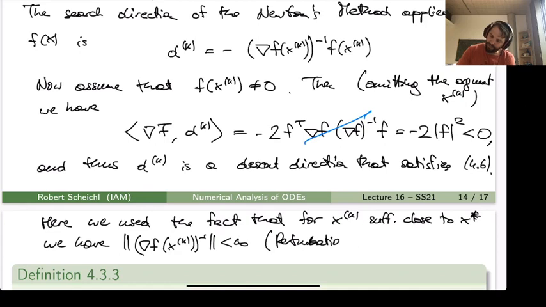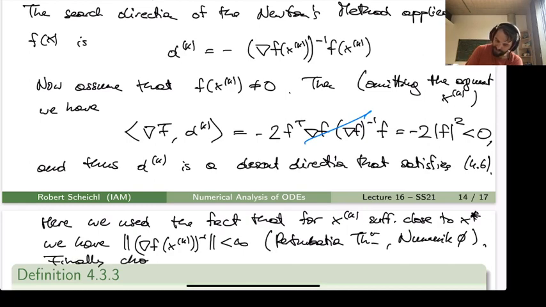So if you look at the proof for the Newton convergence in Numerics 0, then you see why for xk sufficiently close to x star the inverse exists and the norm of the inverse is bounded, and then finally choosing alpha k equals 1, we have established equivalence.